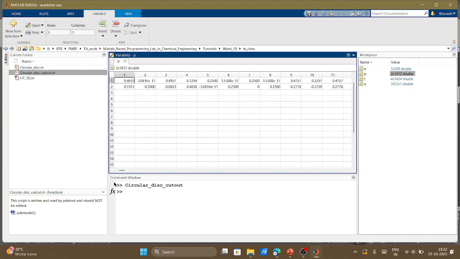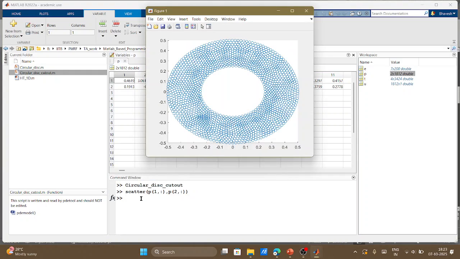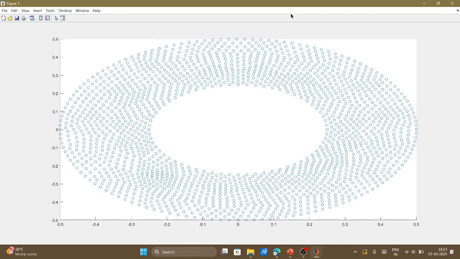If you just do a scatter plot of P, first row all columns, then second row all columns, this is your mesh points.